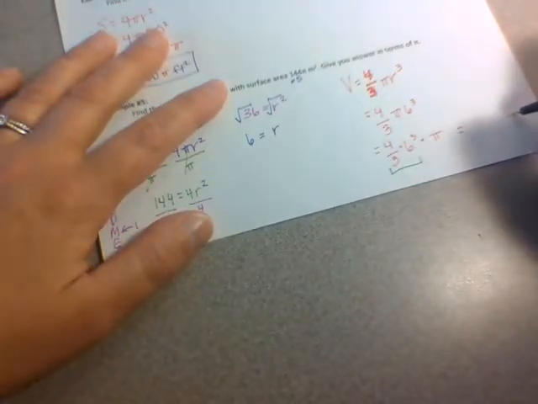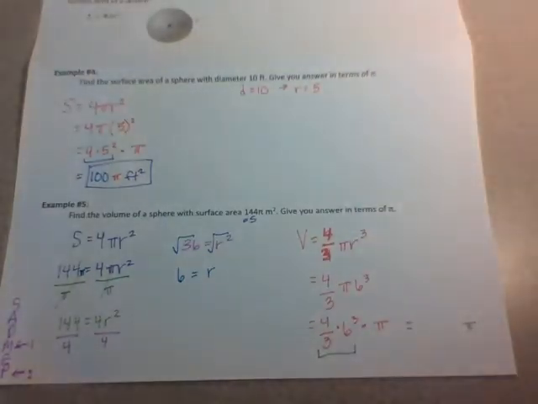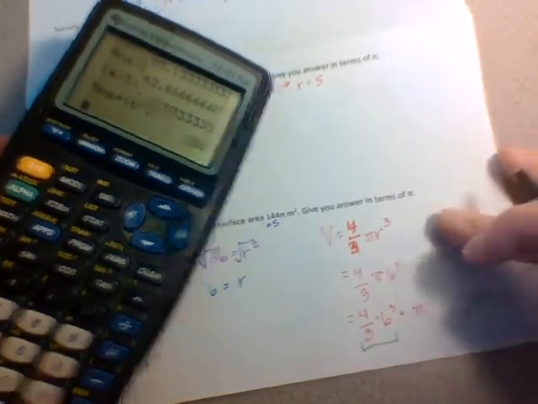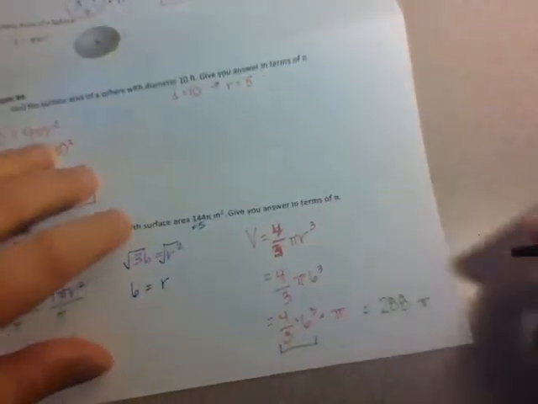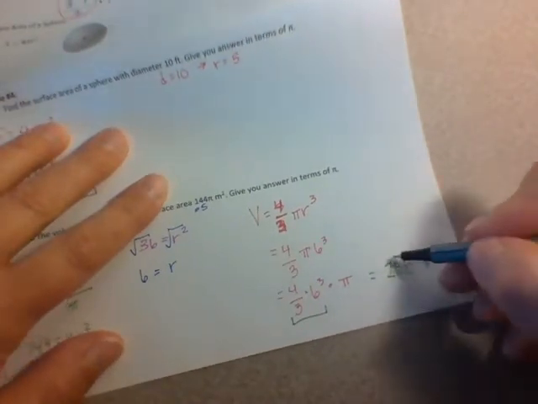So we're going to get a pi at the end of this decimal. So 4/3 times 6 cubed. And so we get 288 pi. We also have a unit, which is meters squared. And since we're doing volume, we're going to do meters cubed.